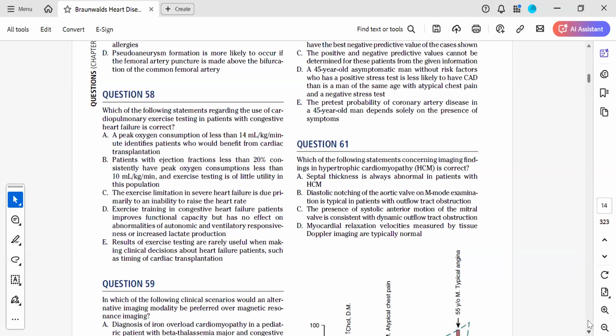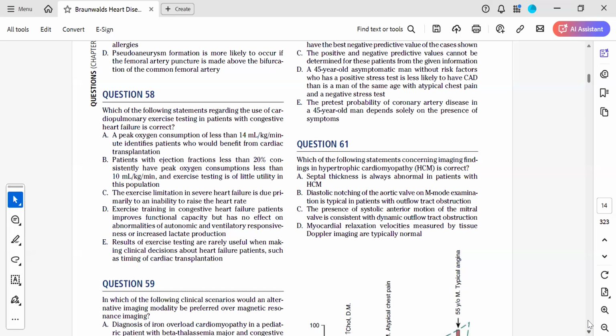The indications include assessing functional capacity, predicting outcomes and severity of heart failure, thus helping in prognosis, determining patients who will have good or worse outcomes, and assessing response to treatment following therapeutic intervention.